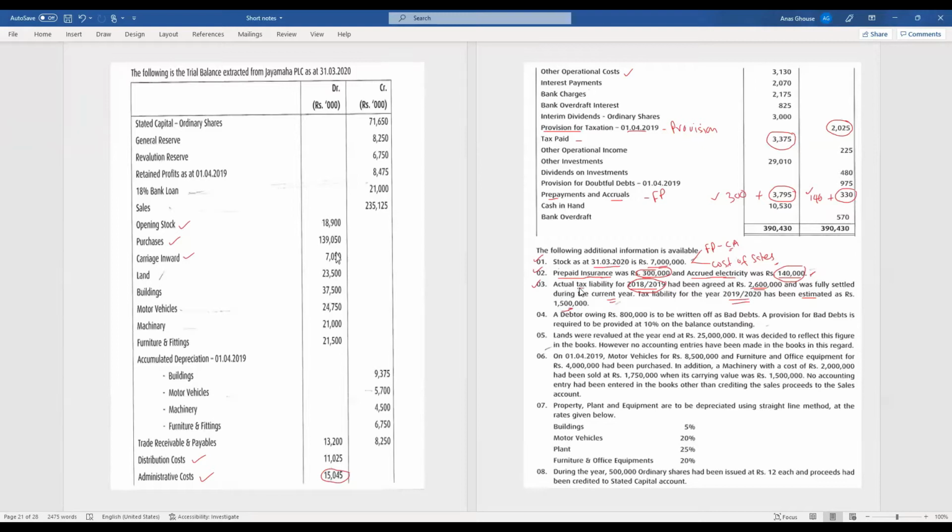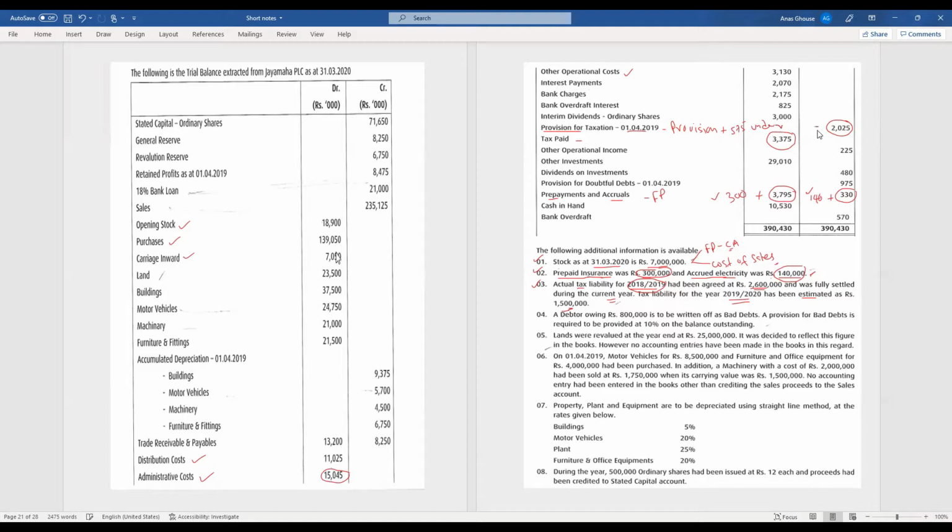So tax is agreed as 2.6 million. So therefore, there is an under provision of tax in the previous period by how much? 2.6 million, which is 575, right? So 575 is under provided.